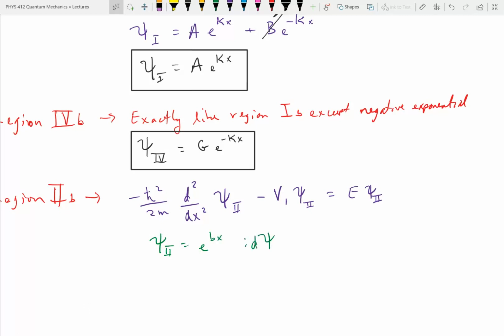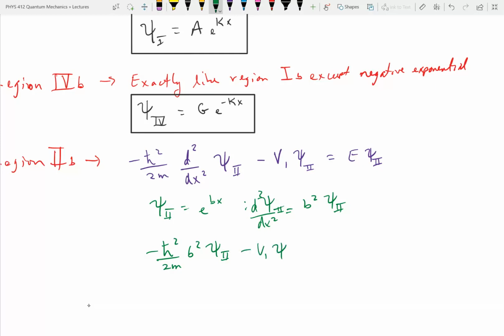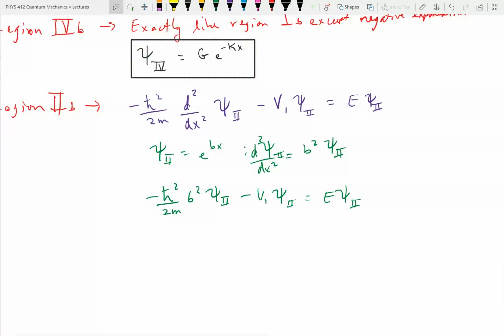The second derivative is b squared. All right. And I'll rearrange this.